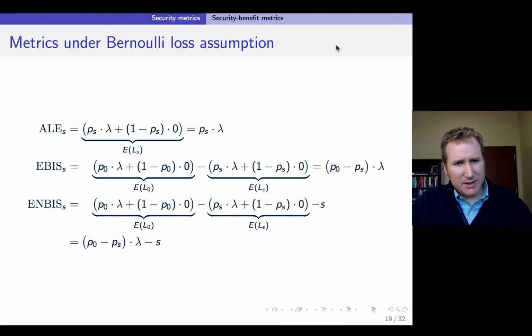Annual loss expectancy becomes just the probability of a loss at security level S times that loss amount. The expected benefit of security just becomes the difference in probabilities of suffering a loss with no investment in security compared to an investment at level S. And expected net benefit of security just becomes the expected benefit minus security level S.